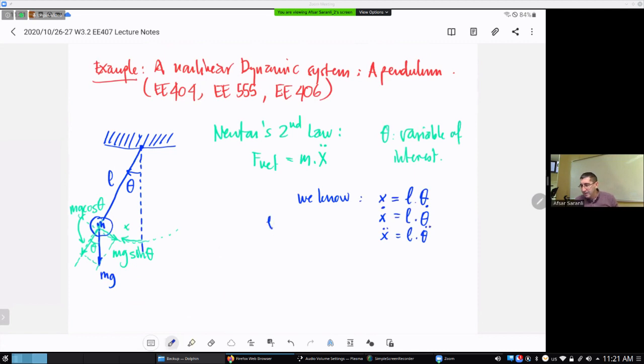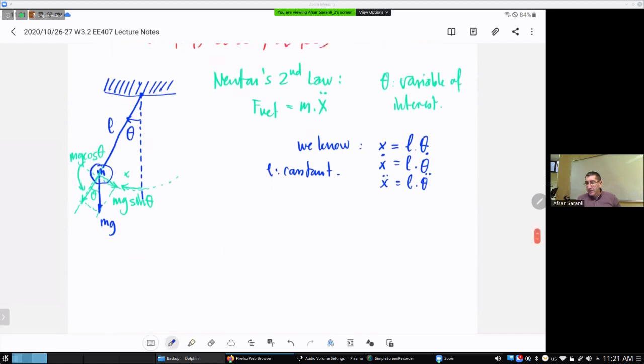Now, what is F net on this mass? F net, which is causing the motion, is equal to m times g times sine theta, and that is equal to m times x double dot, which is m times L times theta double dot.